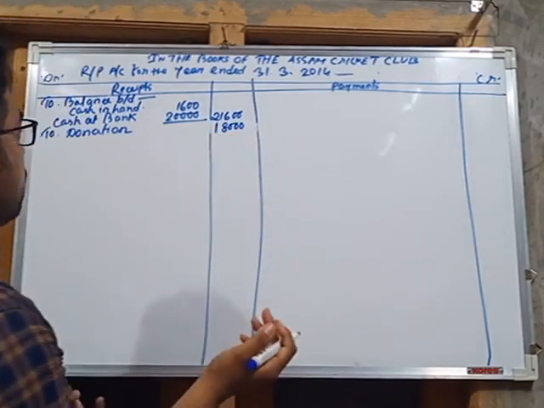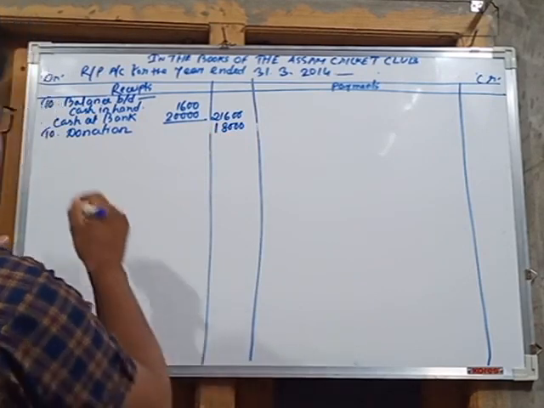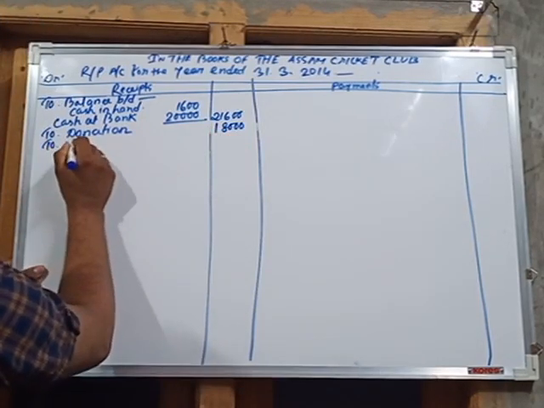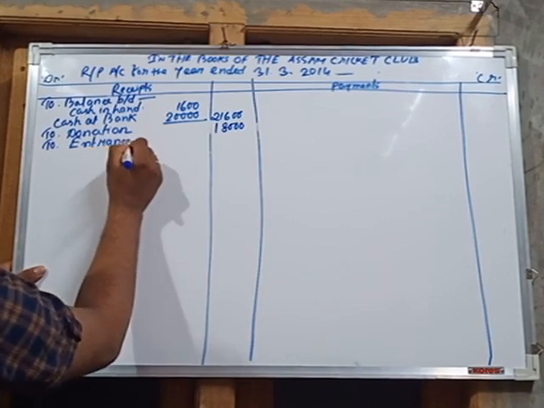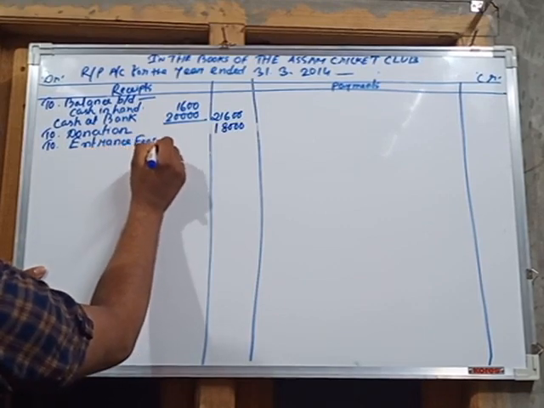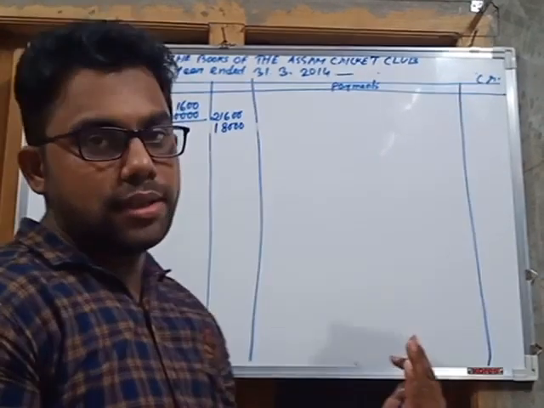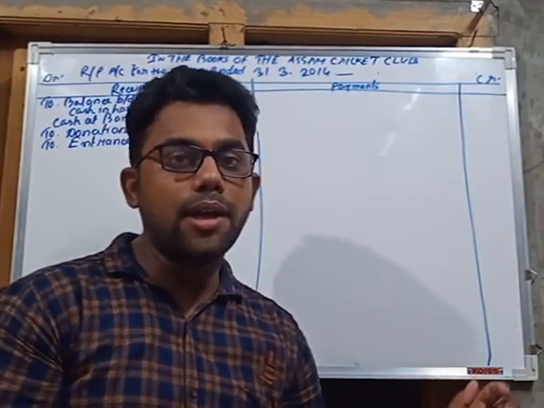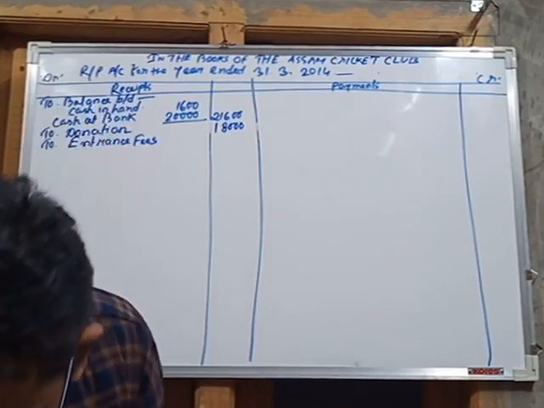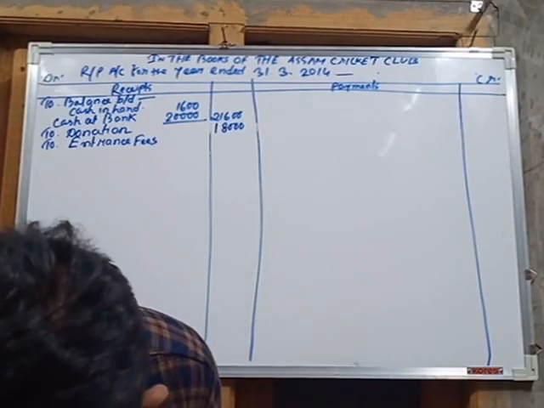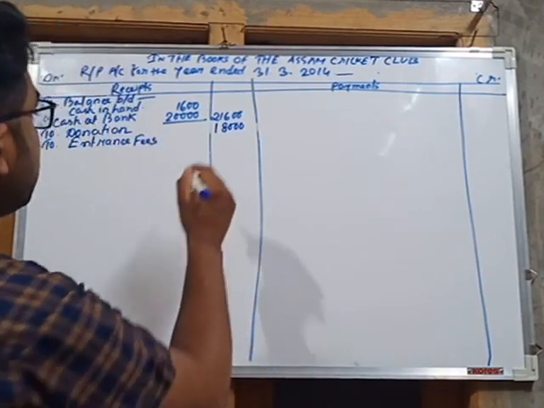So it is not necessary to write receipt every time. Next, to entrance fees. There is no need to write entrance fees receipts, because entrance fees denotes that the organization has received the entrance fees. So only entrance fees we can write, and the amount is 6,000.